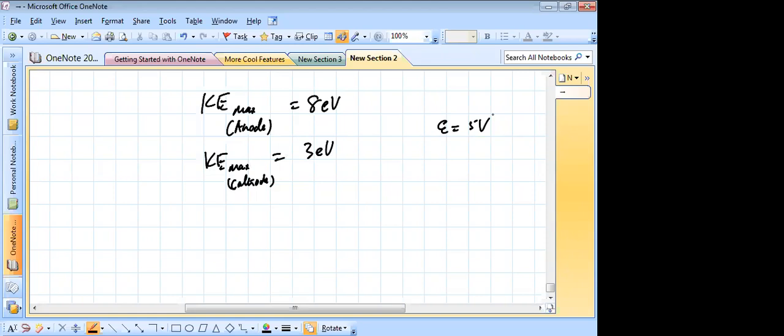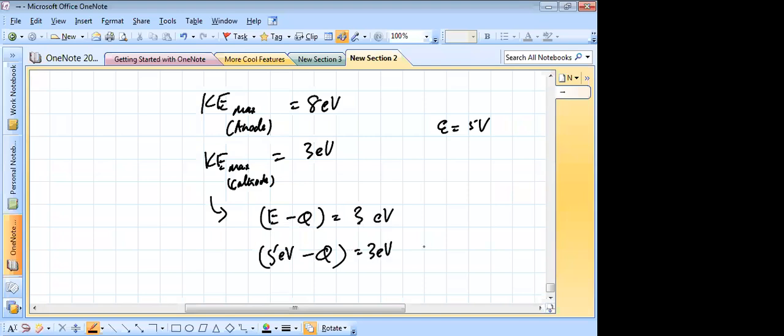Yes. So this maximum kinetic energy at the cathode is the energy of the photon minus the work function. So that is equal to 3 electron volts. And the energy of the photon is 5 electron volts. So 5 electron volts minus work function is equal to 3 electron volts. So that means my work function is equal to 2 electron volts. Okay. Is this clear? Yes.